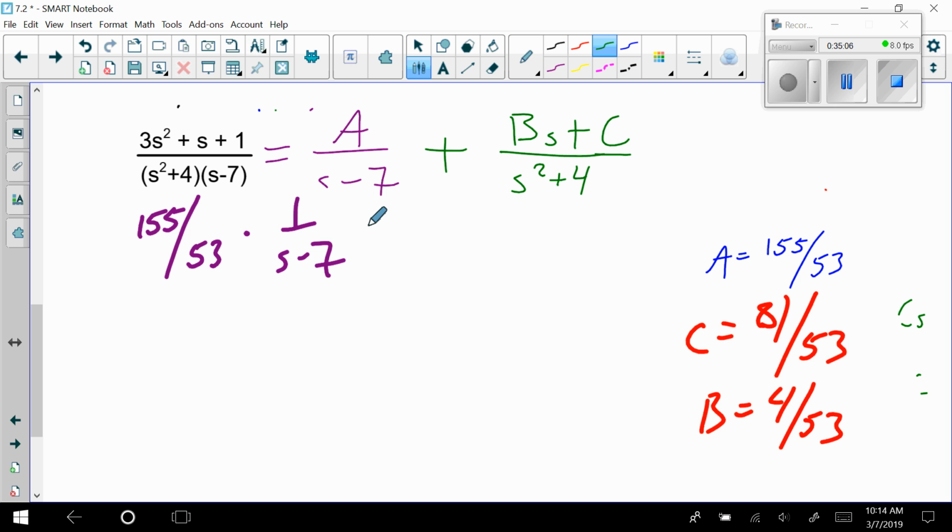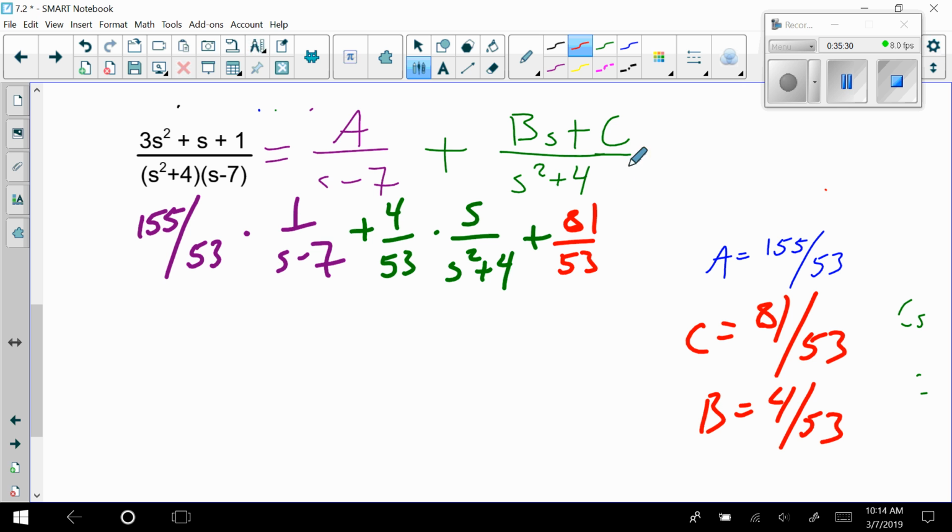So it's plus b, which is 4/53 times s over s squared plus 4, then plus c, which is 81/53, and then it's just times 1 over s squared plus 4.